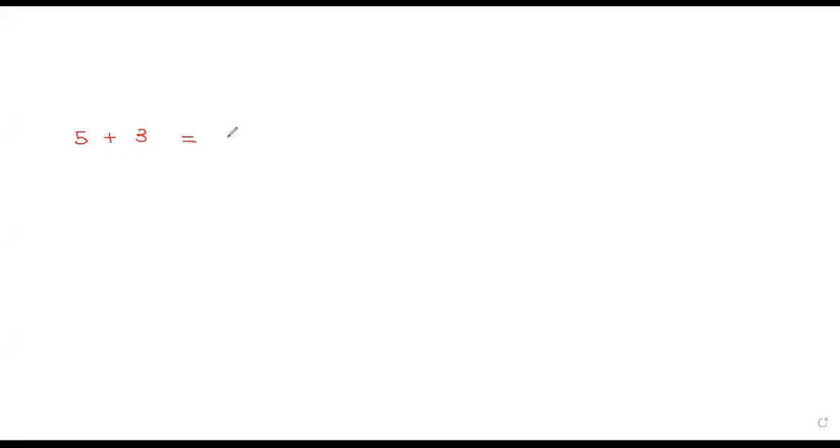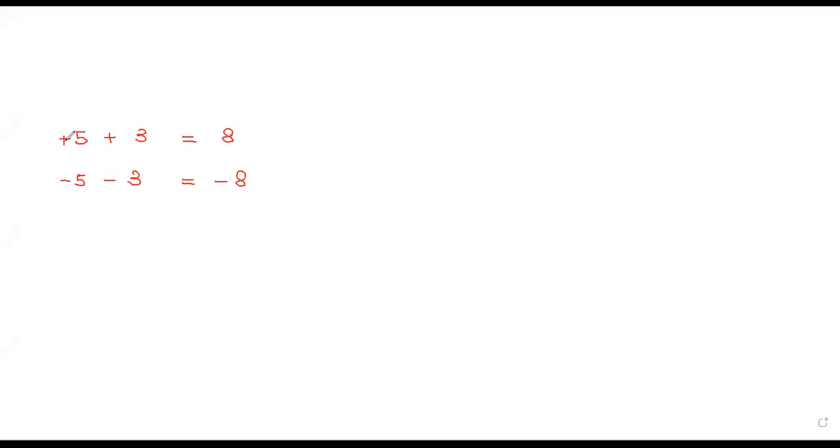What is the answer? Positive 8. If you have -5, -3, what is the answer, children? It is -8. Now what happened? Even though they have not mentioned it in front of that 5, it is +5, right? So you have +5, +3, the same sign, and -5 and -3, the same sign.